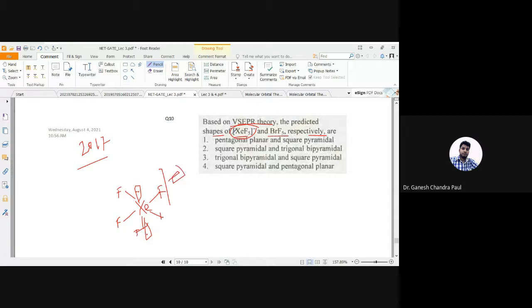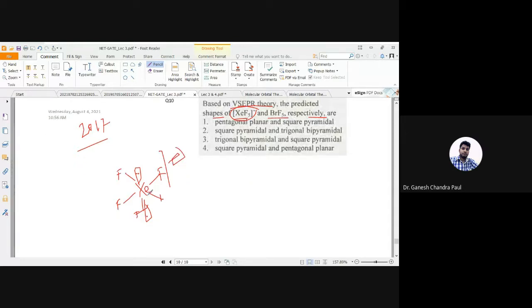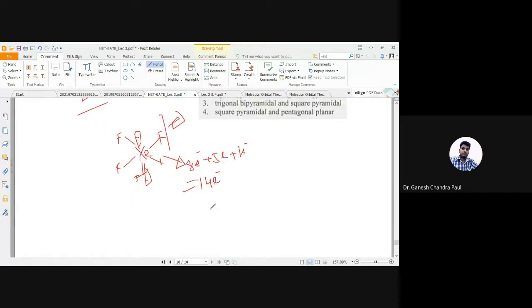Now, based on VSEPR theory, from xenon it will contribute 8 electrons, from 5 fluorine it is 5 electrons, and for 1 negative charge it is 1 electron. So the total number of valence electrons is 14. Now the electron pairs would be 7.